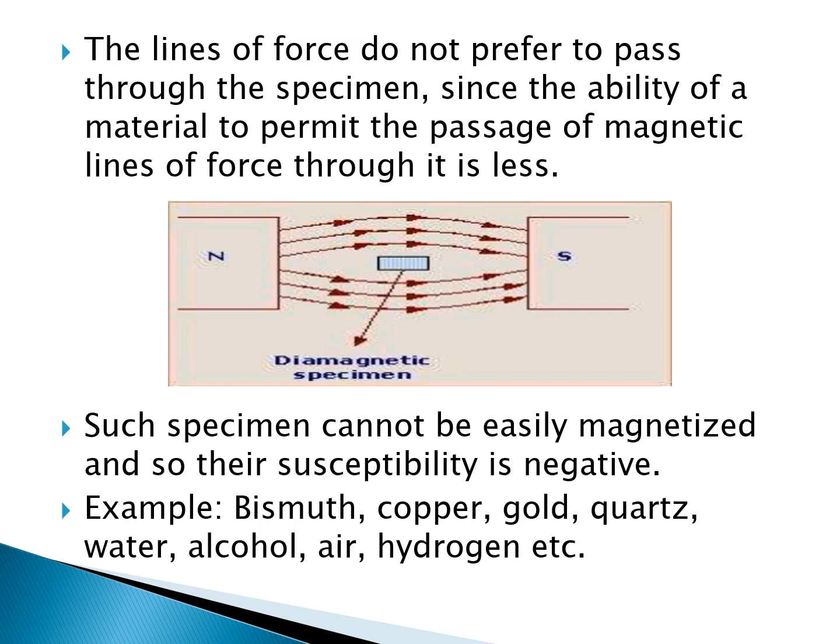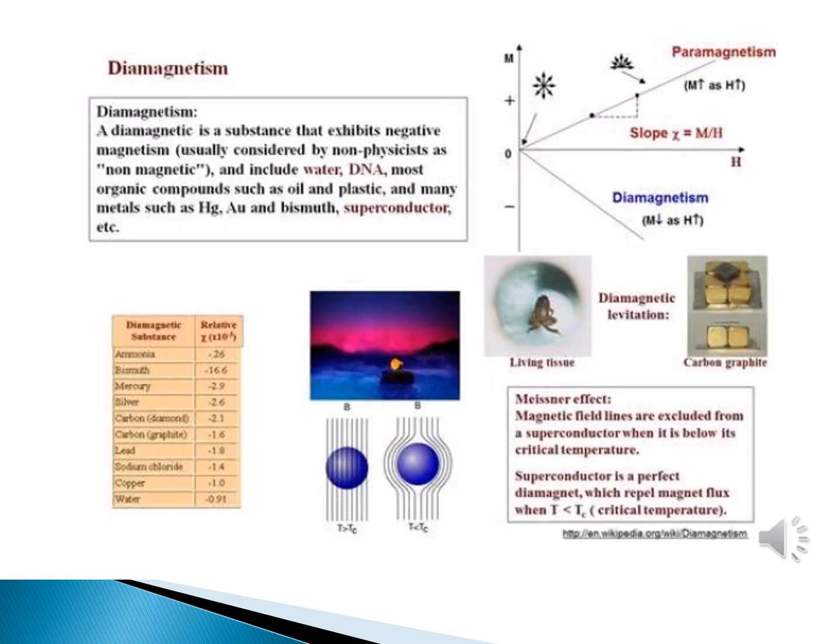Examples: bismuth, copper, gold, quartz, water, alcohol, air and hydrogen. Here is the proper definition of diamagnetism.